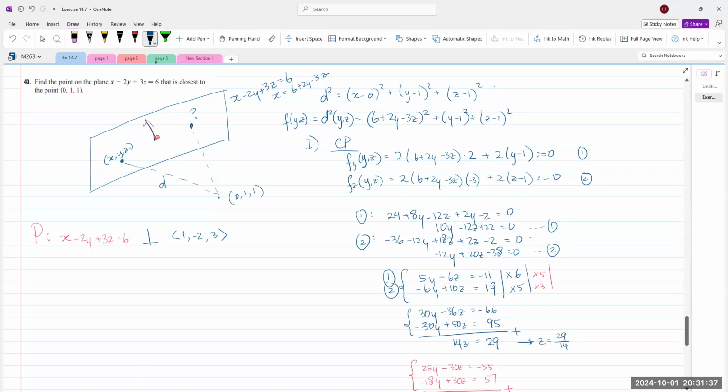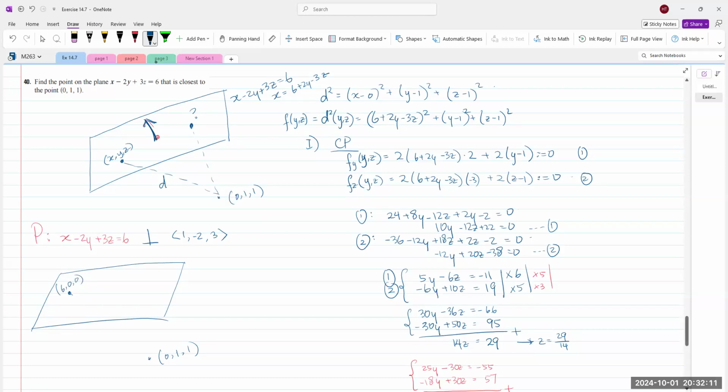Now I want to find a vector. The point 0, 1, 1 is outside of the plane, and let's pick a point on the plane. I think 6, 0, 0 will do, right?